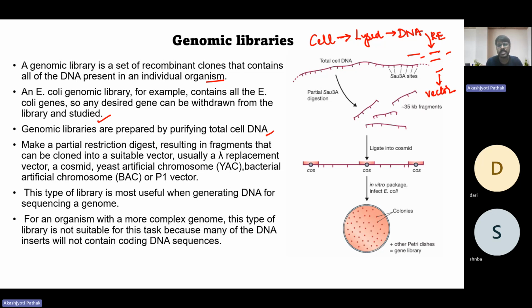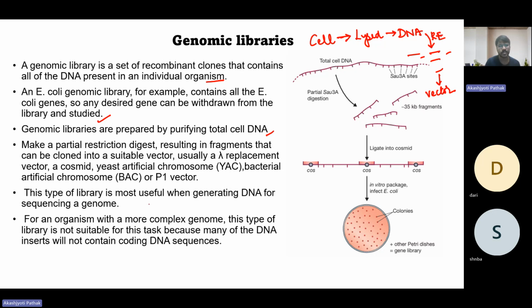There are different types of vectors, like plasmid vector, phagemid vector or cosmid vector. Each type of vector can carry a particular number of DNA base pairs. So depending on the organism from whose genome you have isolated, accordingly you have to select the particular vector.